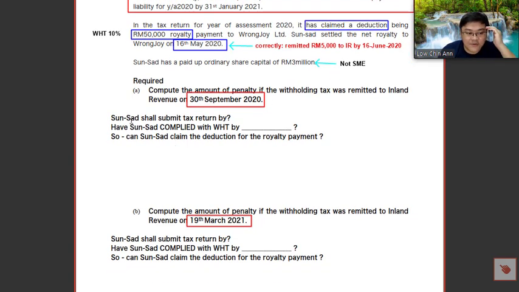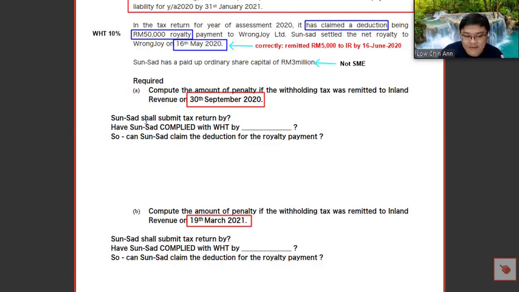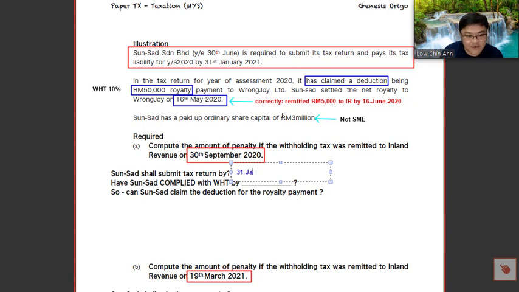So you just ask yourself these few questions. The first question you're going to ask yourself is, when must Sunset submit the tax return? Now, we know the answer is 31st January 2021. If you know the date is 31st January 2021, then you ask yourself, by 31st January 2021, have you complied with the withholding tax rules or not?